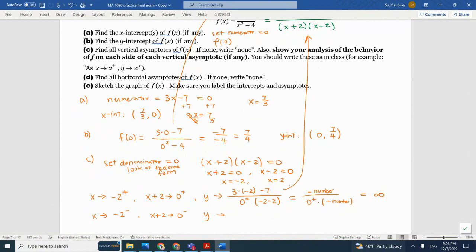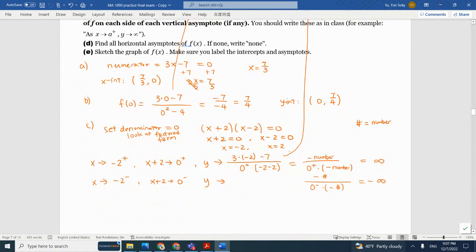So y goes to... you see here, almost the same except this factor becomes negative. So this is still a negative number, and then here is minus the number. Three negatives make it negative. So we have negative infinity. Is that okay, everybody?